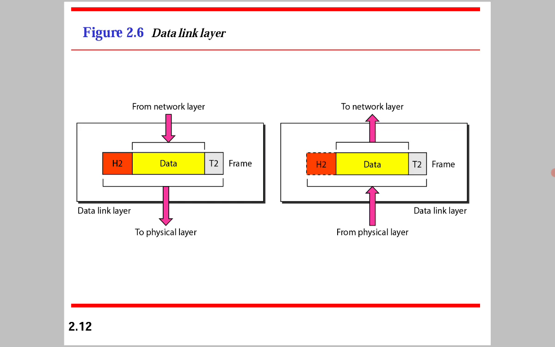So in host 1 the data is transmitted from top to bottom and passed through the physical media, whereas in host 2 the data is passed from the physical layer, from bottom to top.